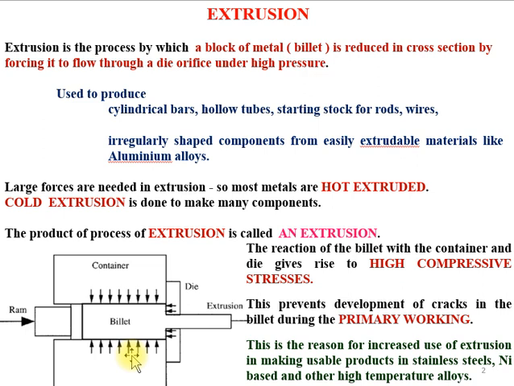So it's not just a force by the ram from one direction, it's also the reaction forces by the container walls onto the material in all directions. So the compressive stresses that this billet will undergo will be extremely high. Plus, due to the application of these high compressive forces, at times the extrusion process has also been used to break down the grain structure, to change or modify the grain structure.